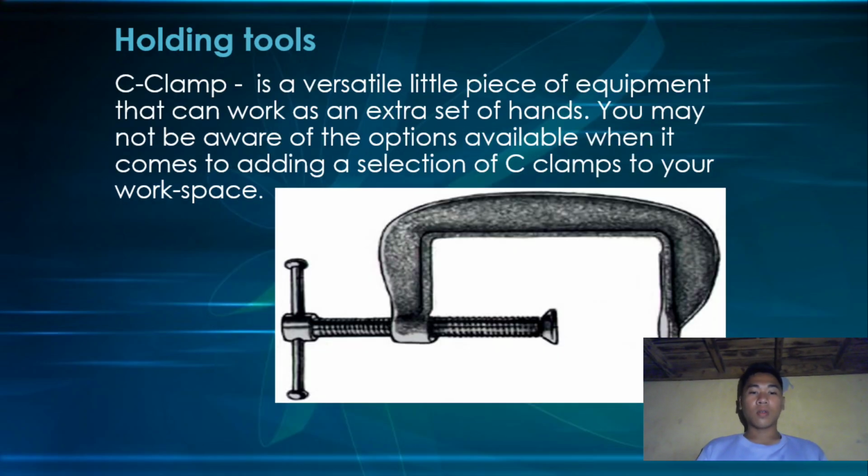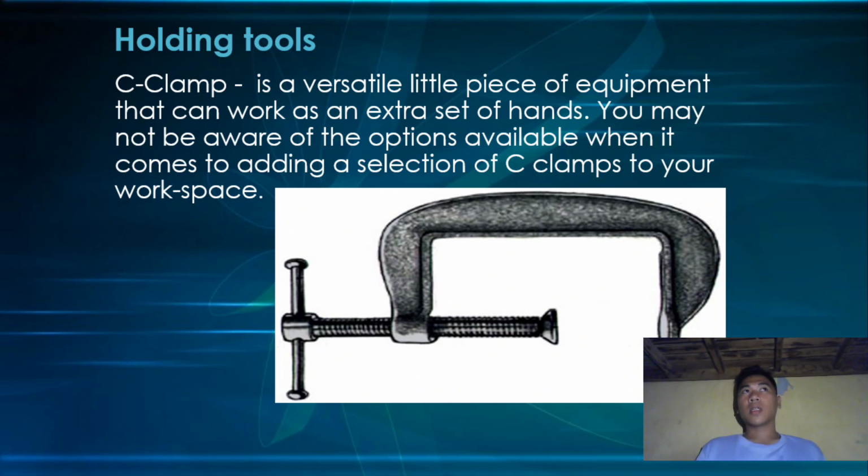So let's proceed to holding tools. Holding tools, C-clamp. A C-clamp is a versatile little piece of equipment that can work as an extra set of hands. You may not be aware of the options available when it comes to adding a selection of C-clamps to your workplace.